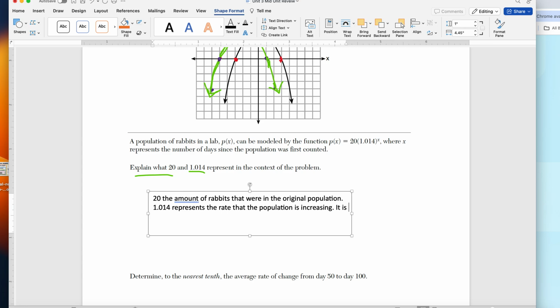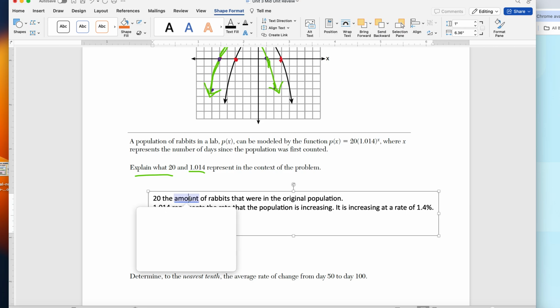It is increasing at a rate of, and I want to see how much of a percent that is. So 1.4, right, percent, because I moved that decimal place 2 spots, 1, 2, and it's 1.4%.